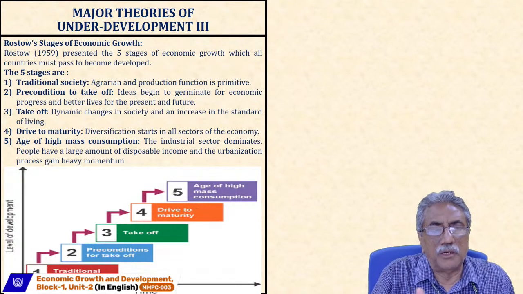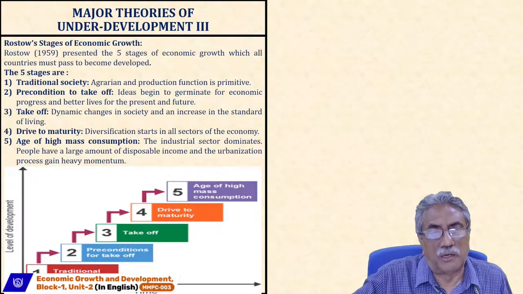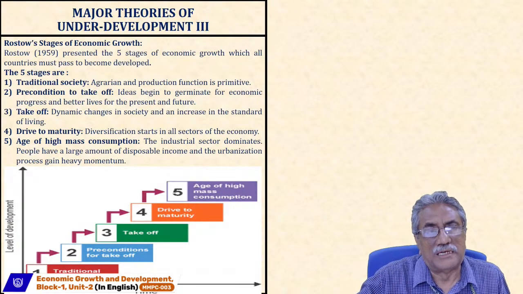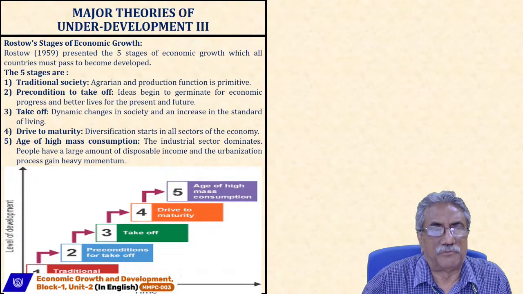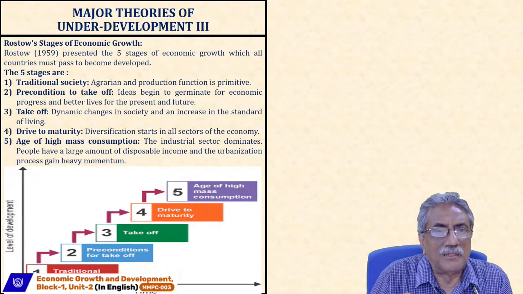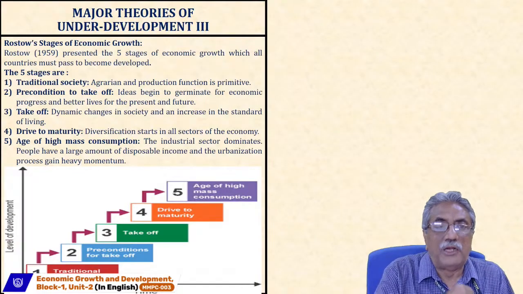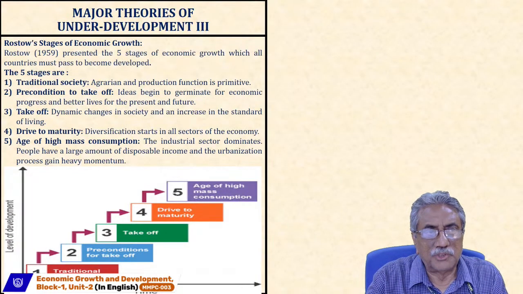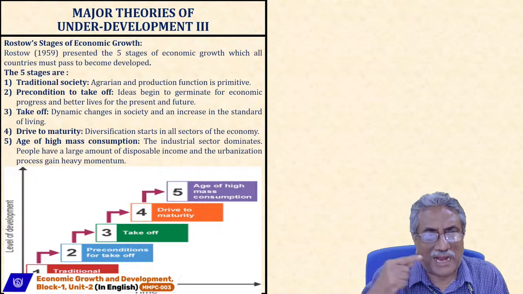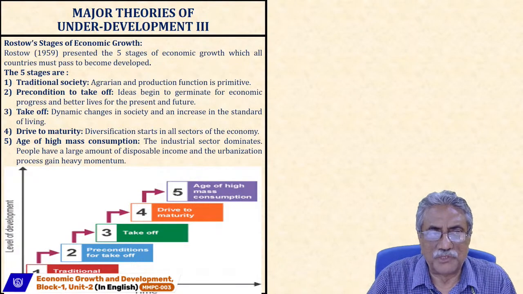It happened that a handloom worker and a power loom worker working in Reliance Textiles or Bombay Dyeing and other places have a better life. So once you have that idea, then you try to move from the handloom to the power loom. So this is a precondition: the idea has to come that I can improve my life.